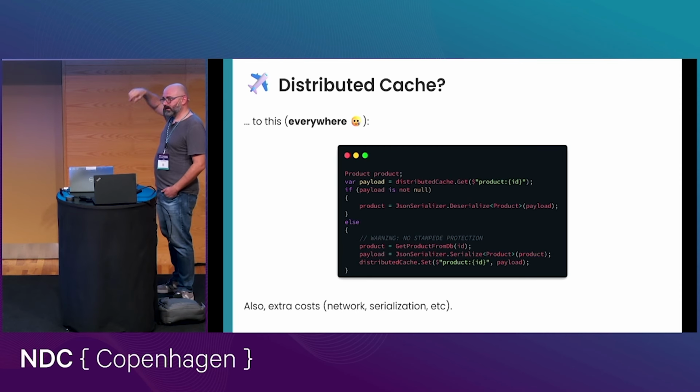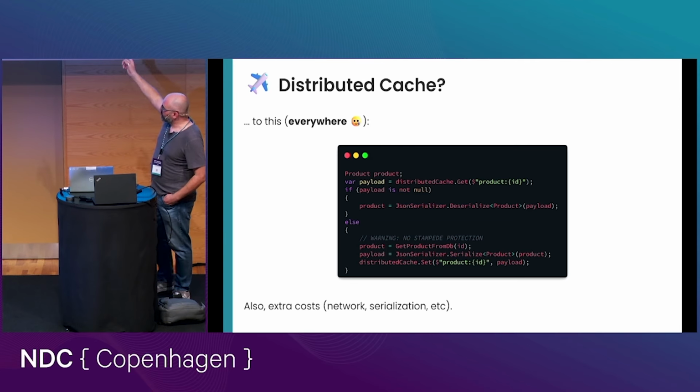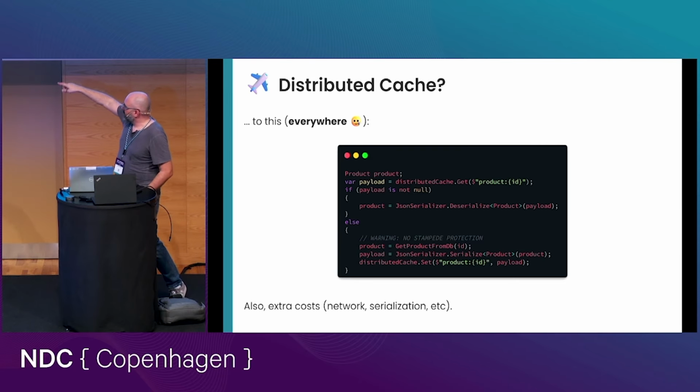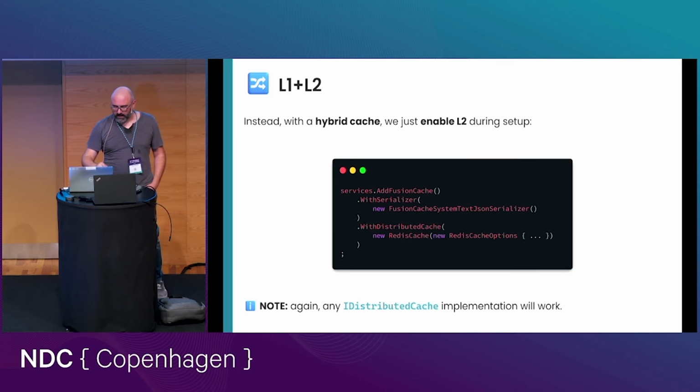This is to get back to the fact that even a memory-only hybrid, a hybrid with only a memory level, is better than a normal memory cache, because instead of doing these, that incurs, by the way, an extra network cost and serialization cost for every single call, we do this, L1 plus L2, if you're using a hybrid cache.